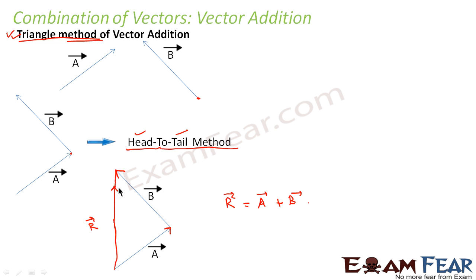So the line which joins the free ends is nothing but the resultant vector R, which is equal to vector A plus vector B. When we talk of the direction of R, it would always be in the opposite of the conventional direction. That means if A is going in this direction, B is going in this direction, R will not go in this direction. R will go in the opposite direction. Fine. So I hope the triangle method of vector addition is clear to you now.